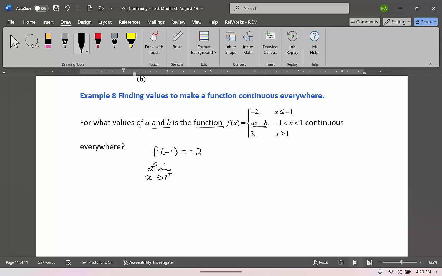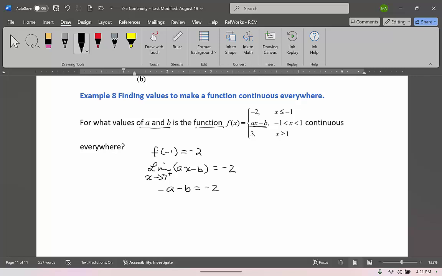So we're looking at ax minus b, and we want this to equal -2, because we want it to equal the value of the function, which is also the limit as x approaches from the left. So as x approaches -1 from the right, this is going to approach -a minus b. And we need that to equal -2.